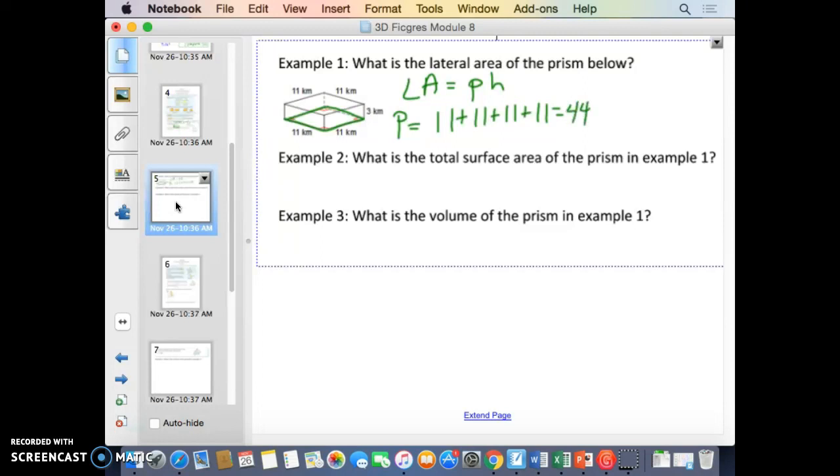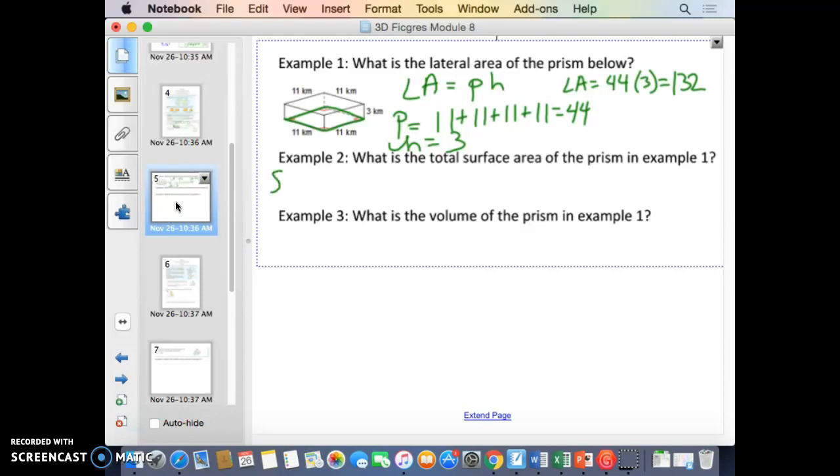Our height equals 3. Now that we know P is 44 and H is 3, lateral area equals 44 times 3, which equals 132.